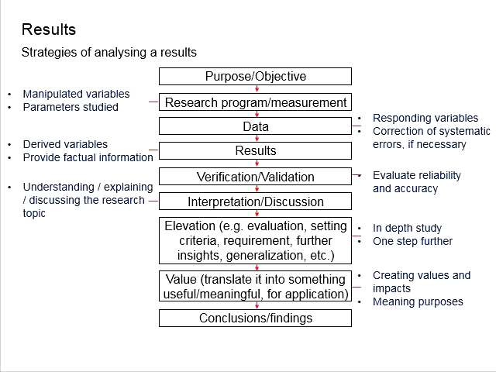If you find that the reliability and accuracy are not there, most likely you have to restart your investigation program, rectify the errors, and then redo the verifications and validations until it is proven reliable and accurate.